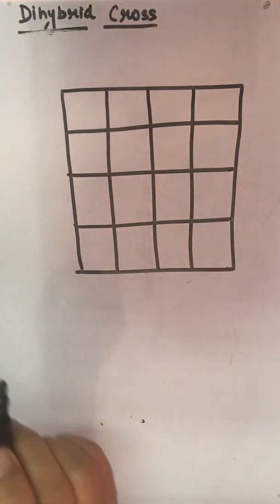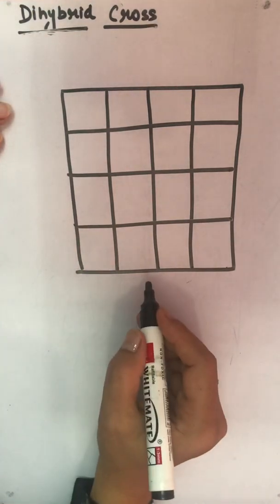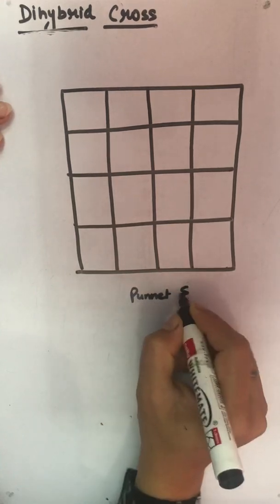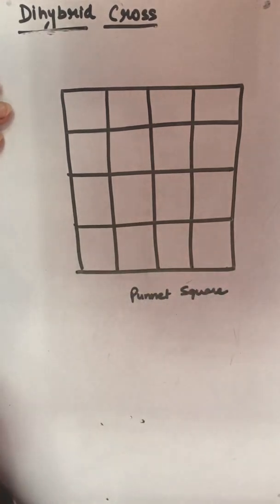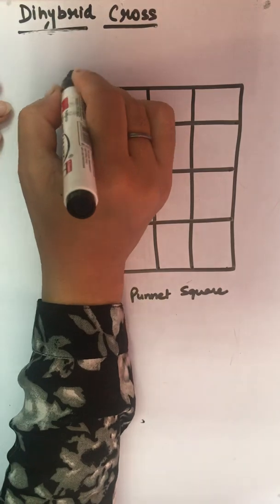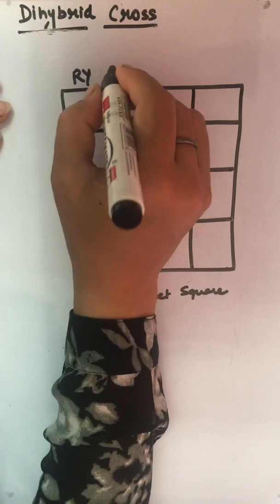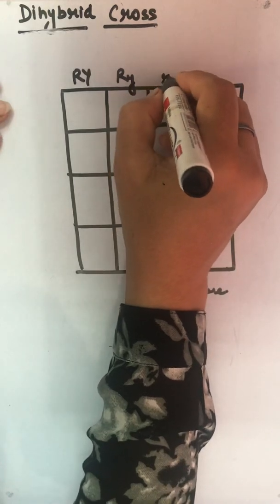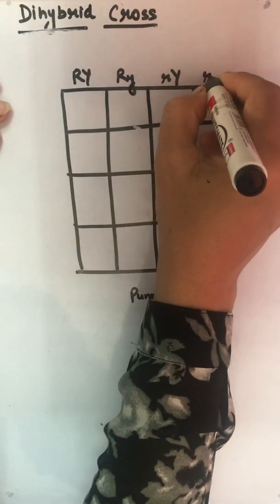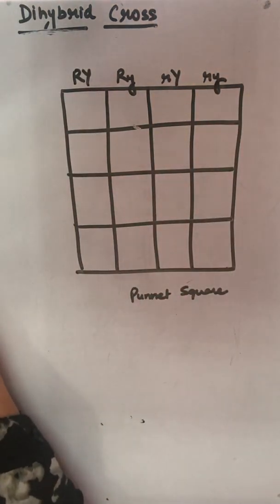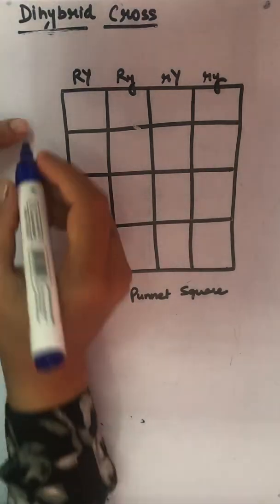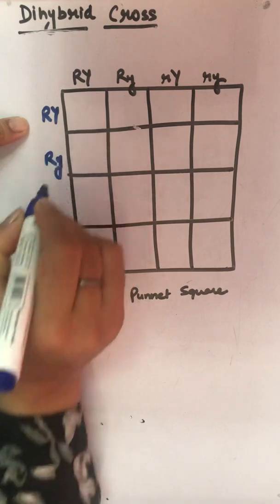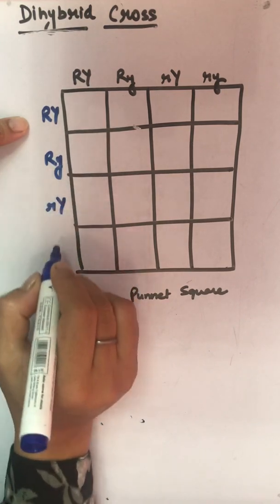This is known as the Punnett square. I'll write it down: Punnett square. Since we have four types of gametes that I'm writing here, right? And the other variety is just the same but I'm using a different color.